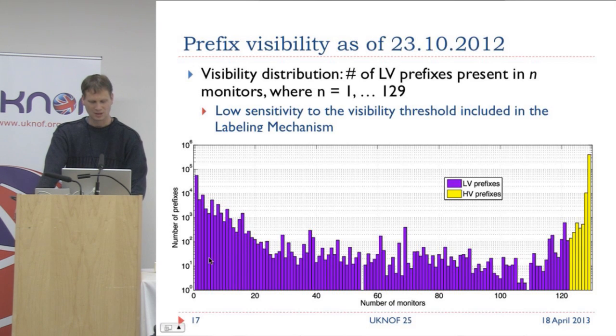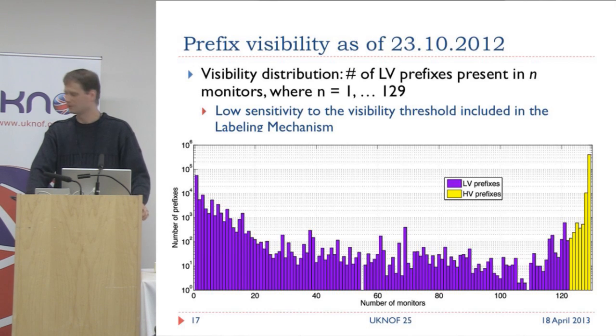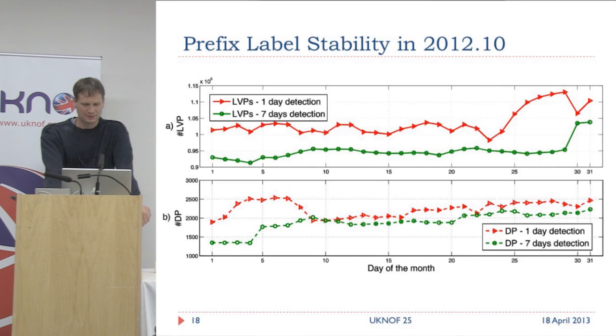And this more or less just illustrates that we can have all kinds of distributions here. So some limited visibility prefixes just propagate through half of the network. They also appear to be fairly stable over time. So they don't just appear or disappear.